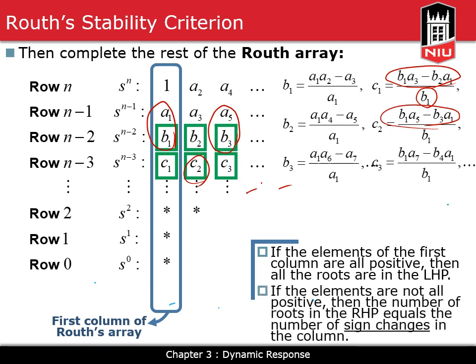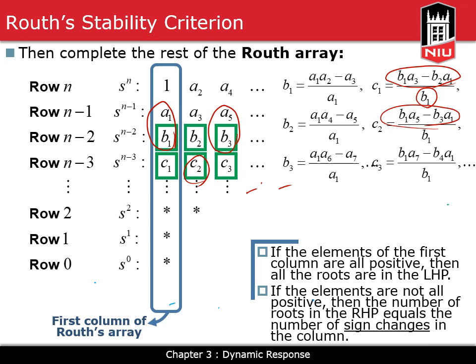If the elements are not positive, then the number of roots in the right half plane equals the number of sign changes in the column. So that means if we start from the top and we have two positive numbers and then a negative one and then another positive one, from top to bottom we will see two sign changes. That means there are two poles on the right half plane.